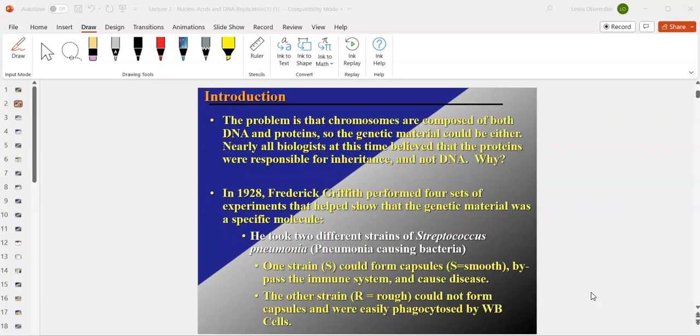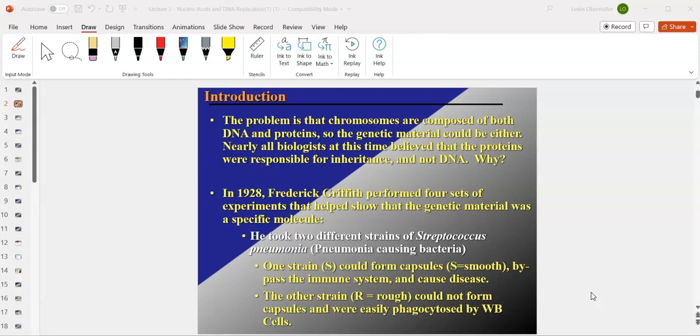All right. So the problem with looking at chromosomes for our genetic material is that chromosomes are made up of both proteins and DNA. And that has to do with packaging. We're going to talk about this a little bit when we talk about how meiosis and mitosis occur later on. But the DNA is actually wound around these spools of histones. We'll talk about what the histones are, but they're proteins.